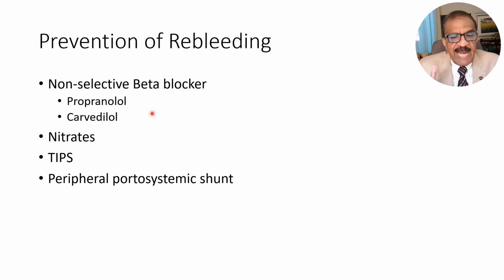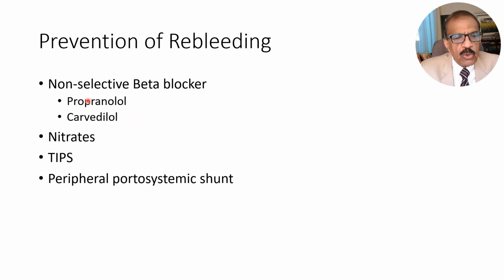Because selective beta blockers have effect only on the coronaries or heart, whereas we want effect in the systemic circulation. So in this situation, non-selective beta blockers are better, at least theoretically. So we give propranolol or carvedilol, not the selective beta blocker.